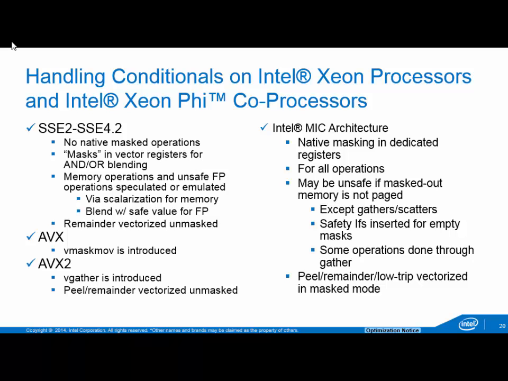But this is still not power efficient enough because it's the first generation to support masking. Then we had masked gather introduced in AVX2. I will show you some gather optimization later. And Intel's MIC architecture was the first architecture with truly masking support. Of course, the latest AVX-512 KNL is adding a more efficient masking architecture.